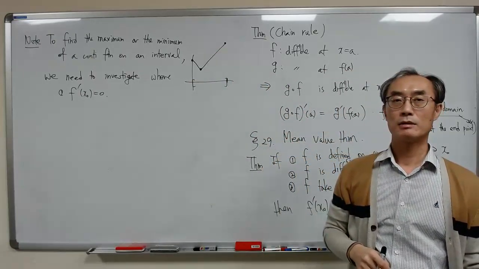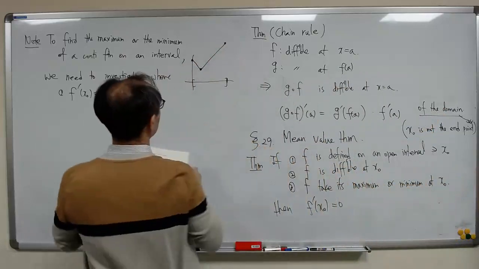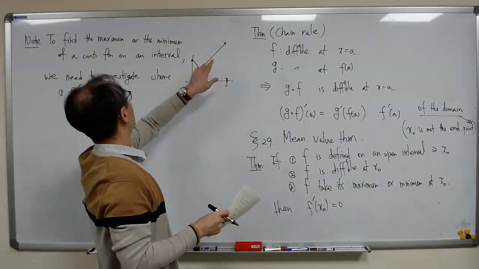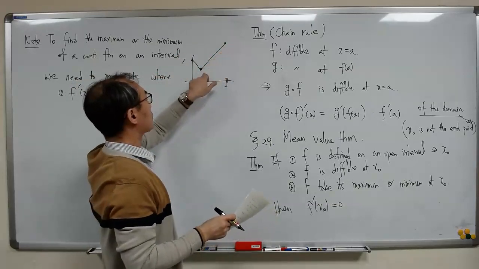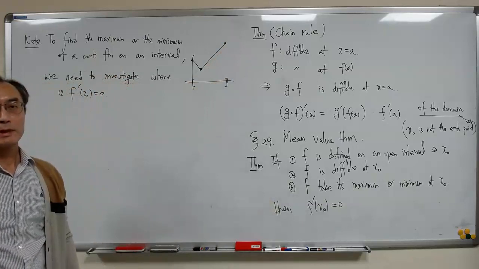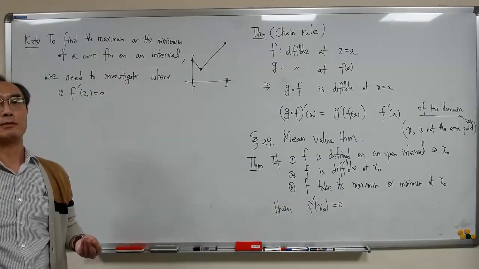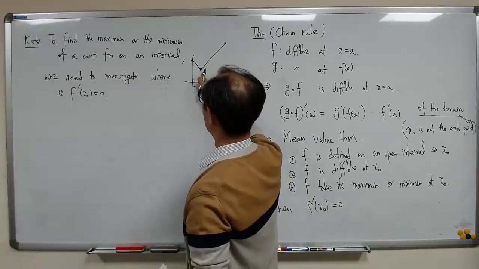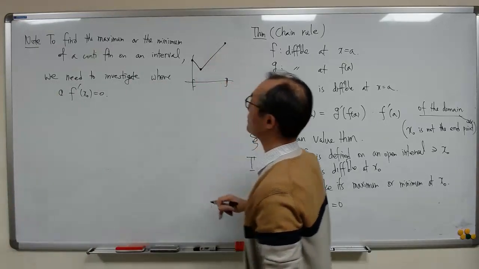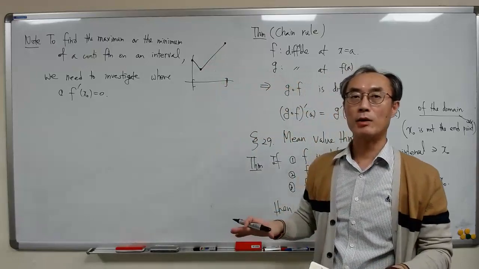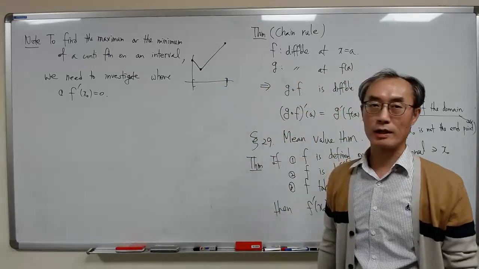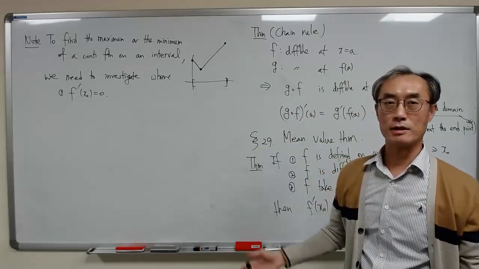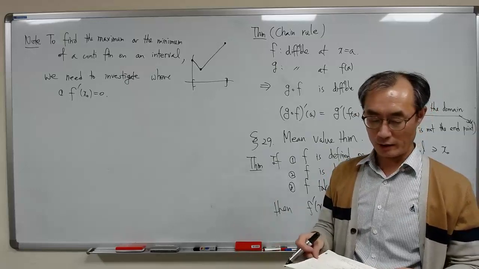So in this example, neither the maximum nor the minimum has vanishing derivative. The function is not differentiable at this point. And at this point, you cannot deal with both side derivatives. You can only compute one side derivative at that point, since it is the end point of the domain.